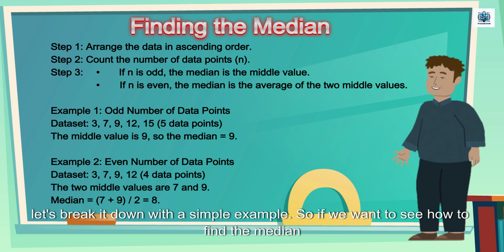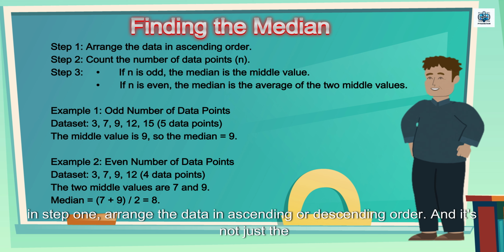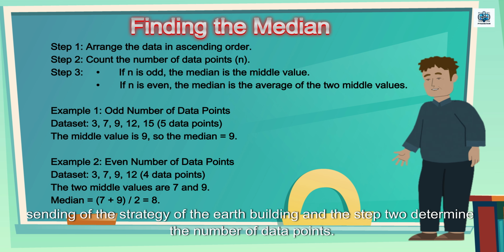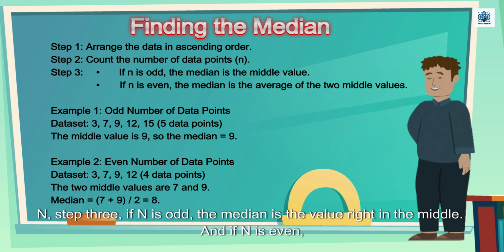So if we want to see how to find the median, in step one, arrange the data in ascending or descending order. In step two, determine the number of data points. And step three, if n is odd, the median is the value right in the middle.